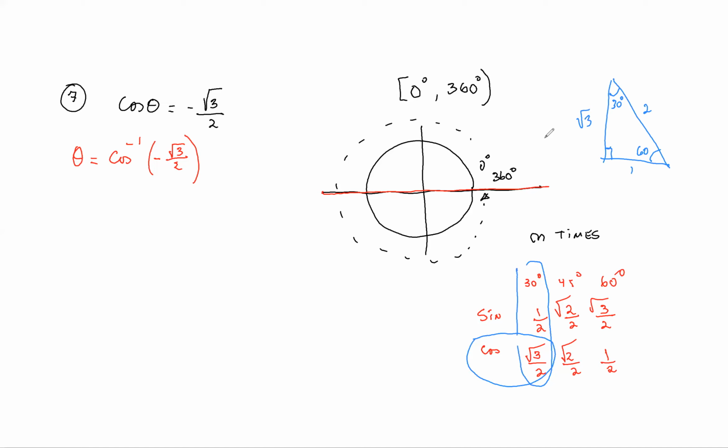For 45 degrees, you have a perfect square. This side is 1, 1, and the diagonal is radical 2. And the angles are 45 degrees, 45 degrees, and 90.